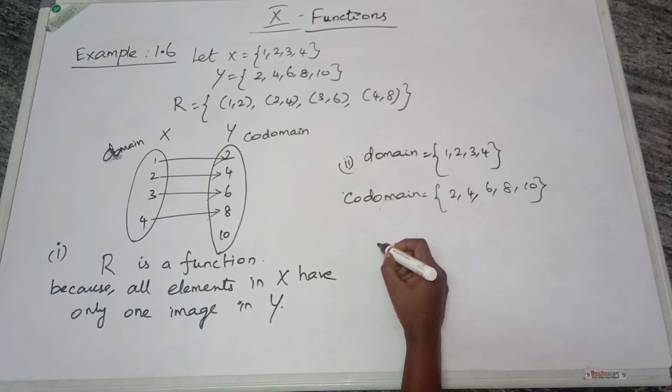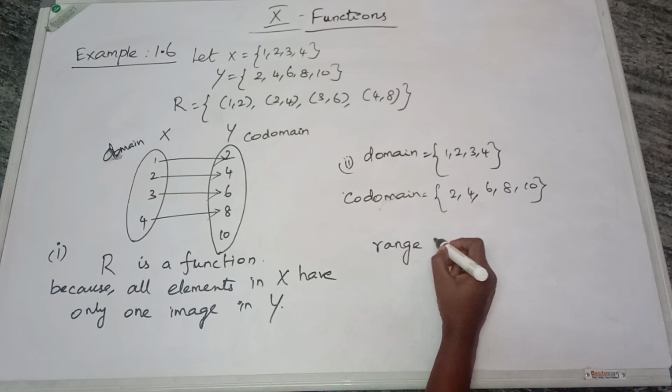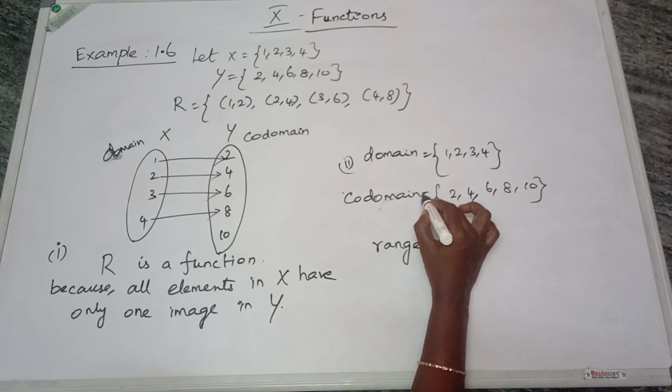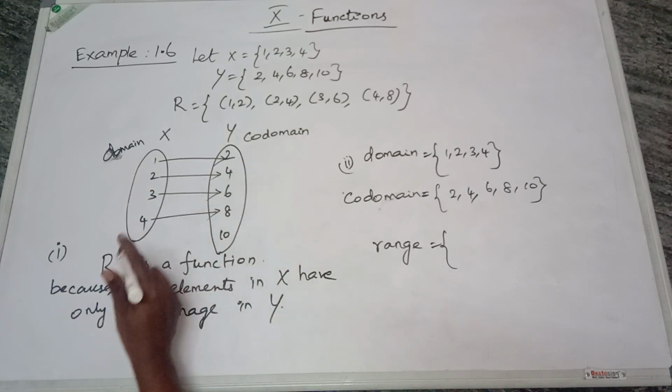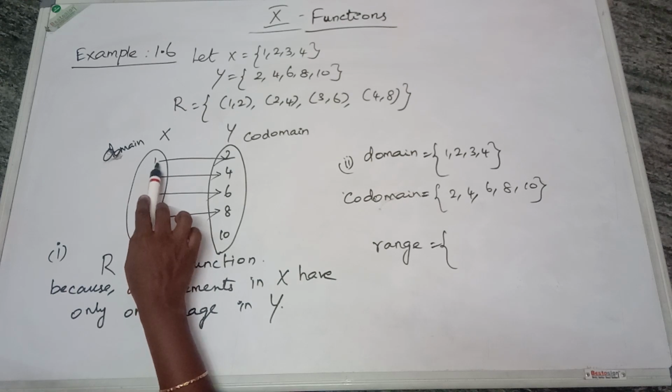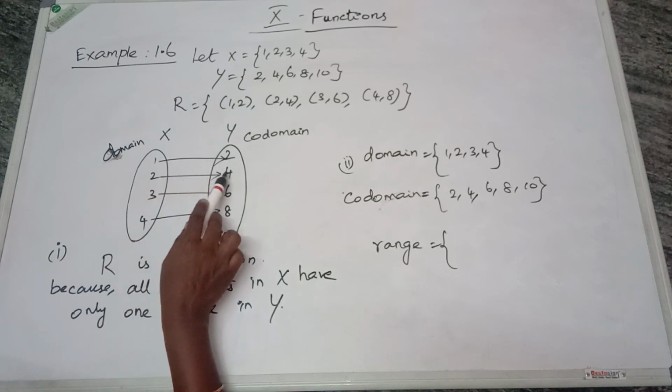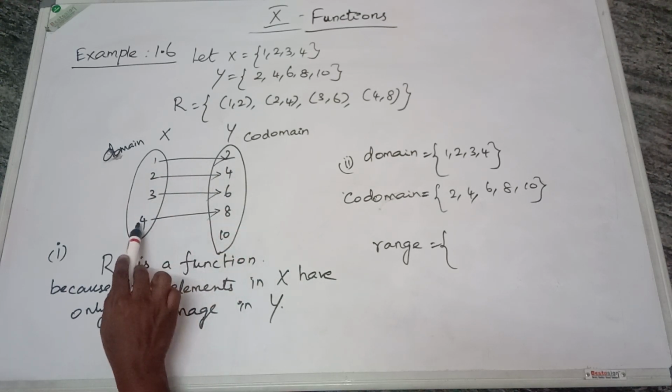And here they asked the range. What is the range? The set of images is called the range. The image of 1 is 2, the image of 2 is 4, the image of 3 is 6 and the image of 4 is 8.